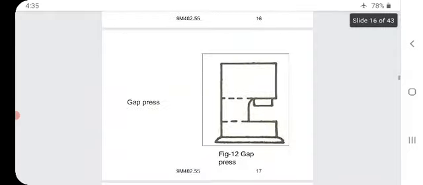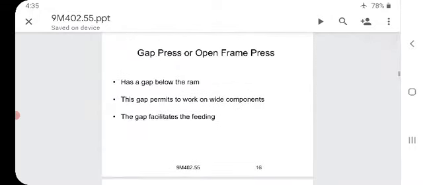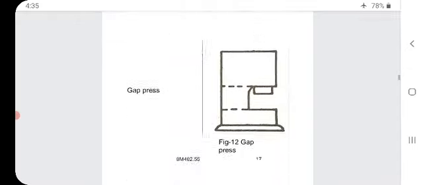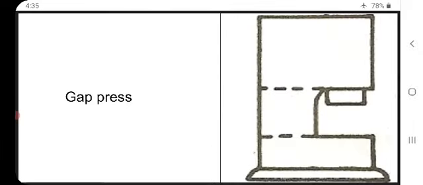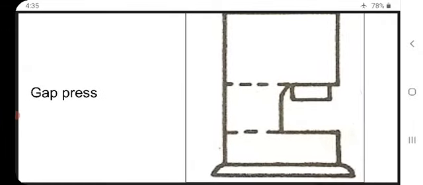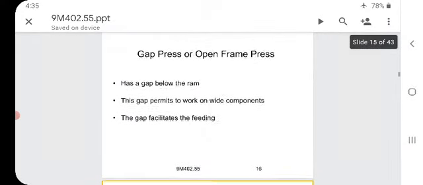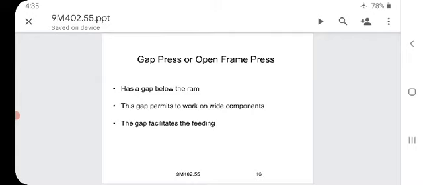See in the figure, it is having the gap below the arm. This gap permits work on wide components. This is the gap here. So the gap facilitates the feeding of the workpiece.